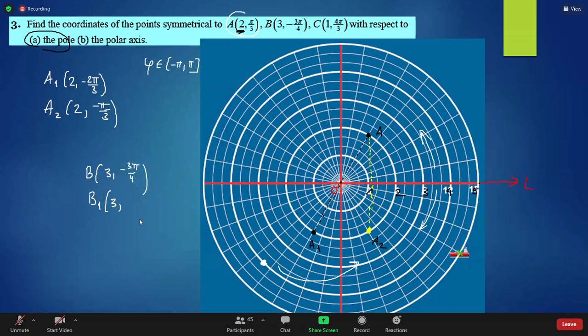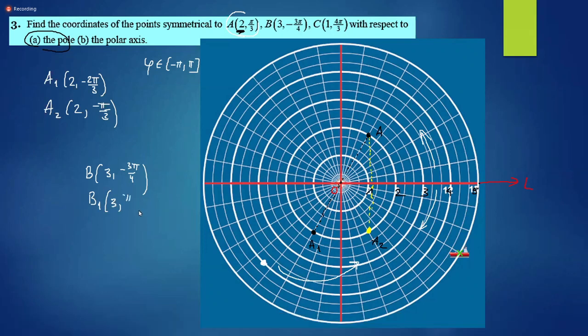Because if we are dealing with 2 points that are diametrally opposite, the angles are diametrally opposite, we either subtract pi, half a revolution, or we add pi to the angle, and that's it.